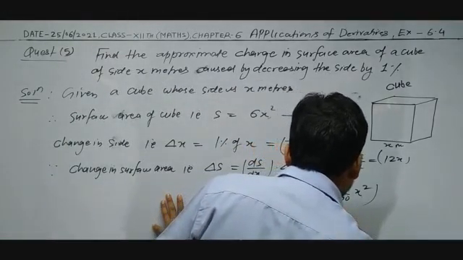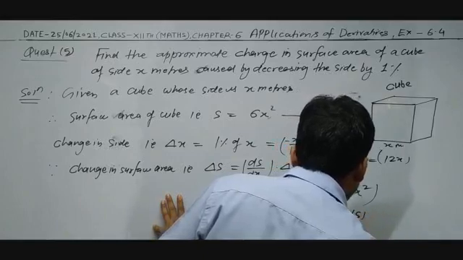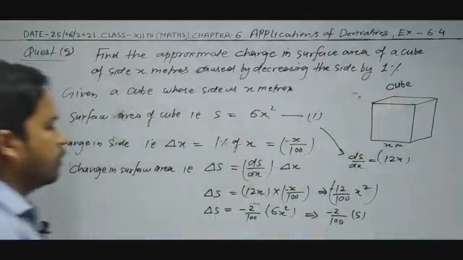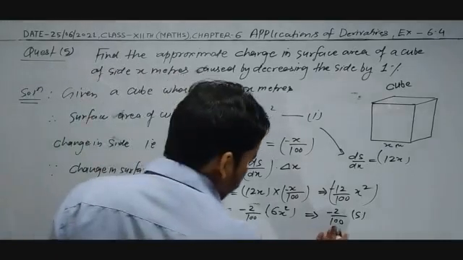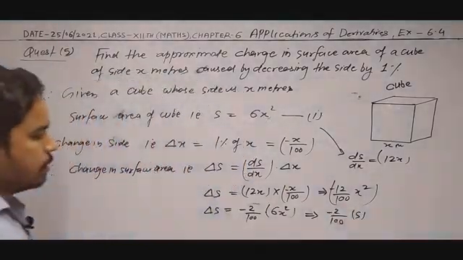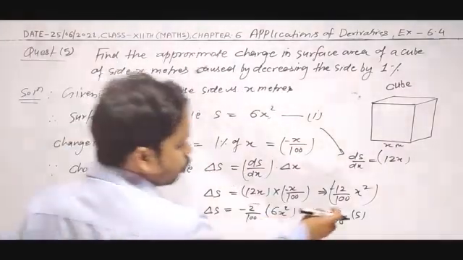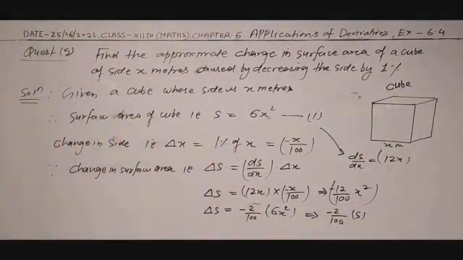Minus sign denotes the area is decreasing, and 2 by 100 denotes 2%.